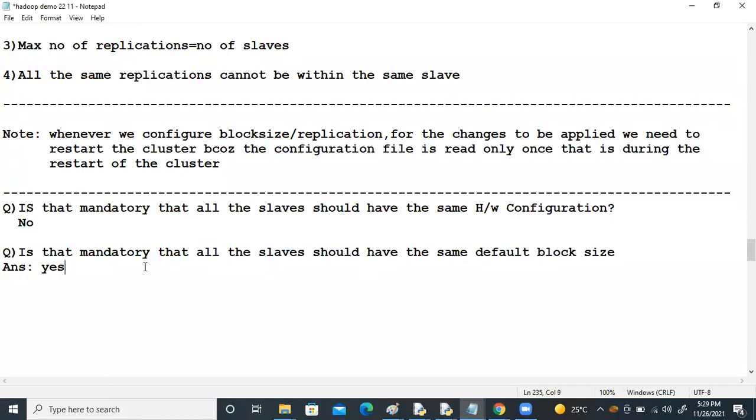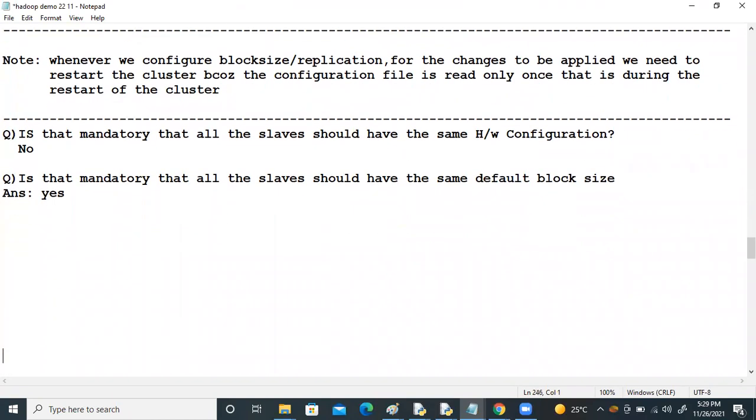Yes, we need to have the same default block size.